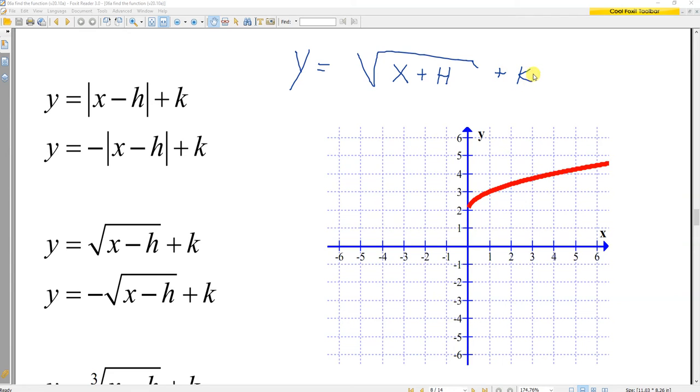Okay, now we're going to fill it in. Do I need to add a flip to it? No, so no flip. Do I need a left-right shift? No, so get rid of that. Do I need an up-down shift? Yes, so I'm going to go a plus 2. So my equation is y equals the square root of x plus 2. I just walk piece by piece through each chunk of that blueprint equation.